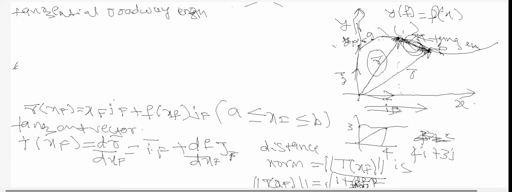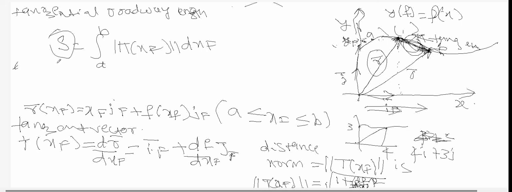So if I want to calculate the distance through this curve, I need to integrate this norm with respect to dx of f. Then I get the tangential roadway length, S.